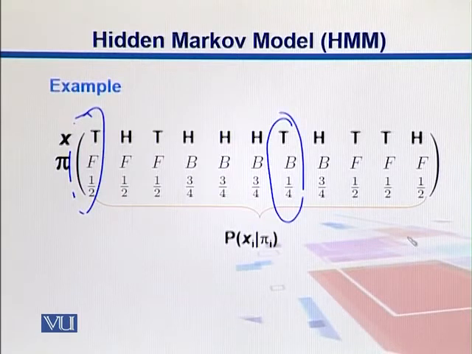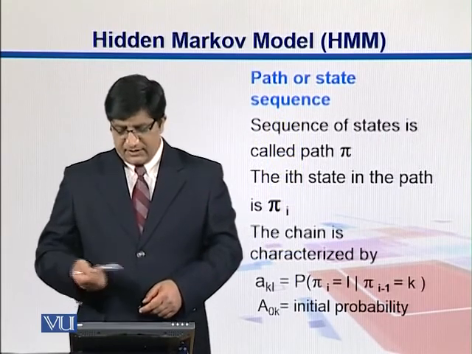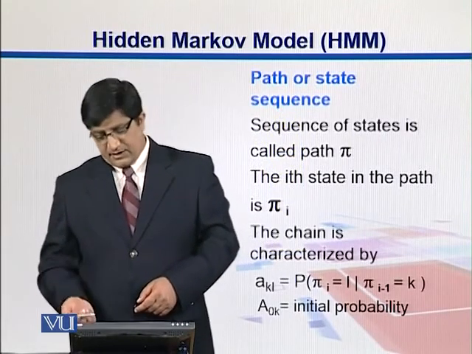So that is the probability of observing a symbol x_i, here a tail at this particular position i, while the path is pi_i, here the biased state. The path, or state sequence, is the sequence of states, and the ith state in the path is called pi_i.